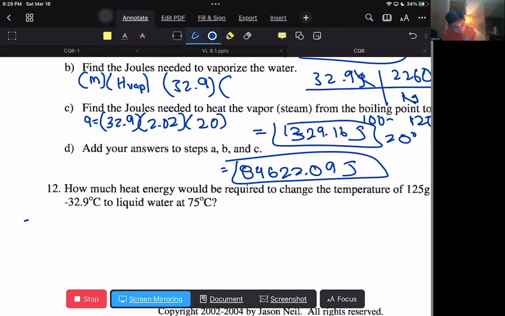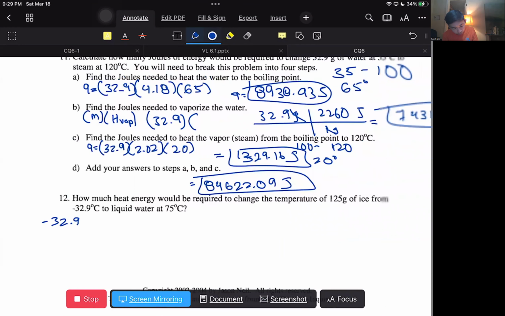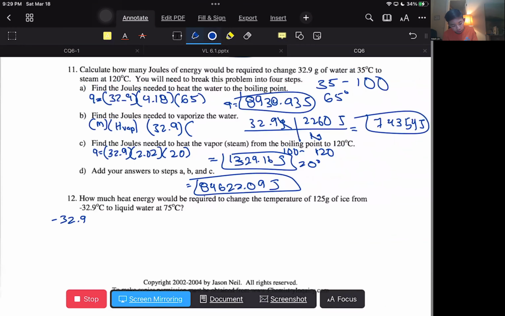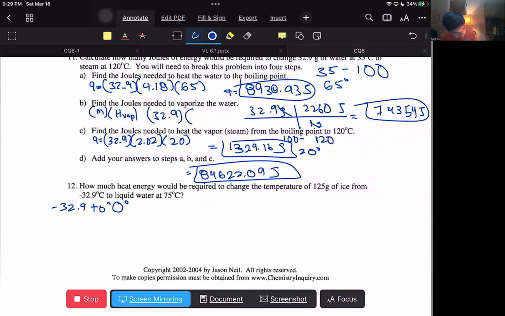From negative 32.9, from freezing, we need to find how much energy it takes to heat the ice to melting point. So it's 32.9 to 0 degrees.